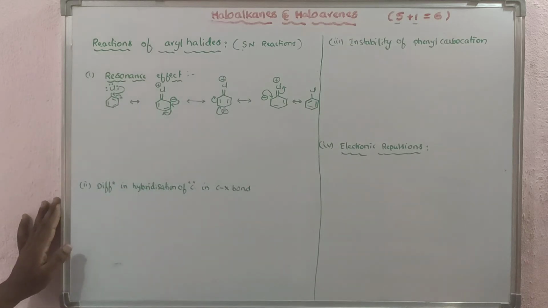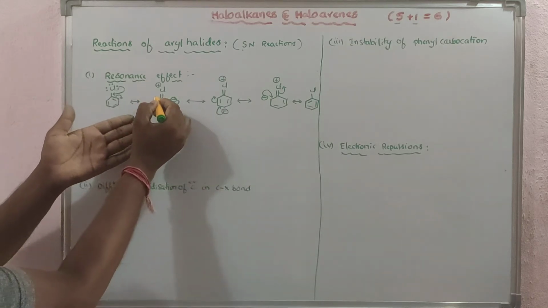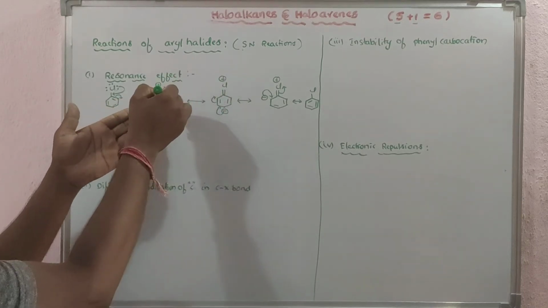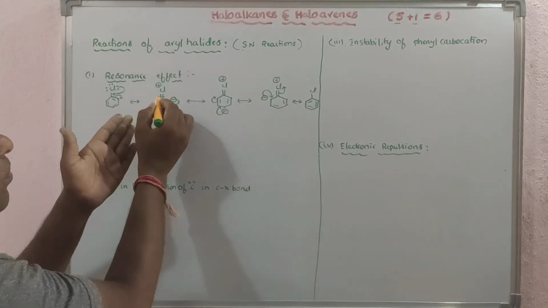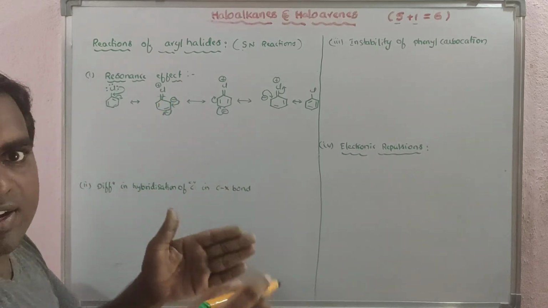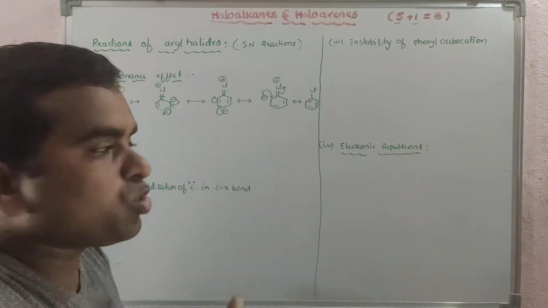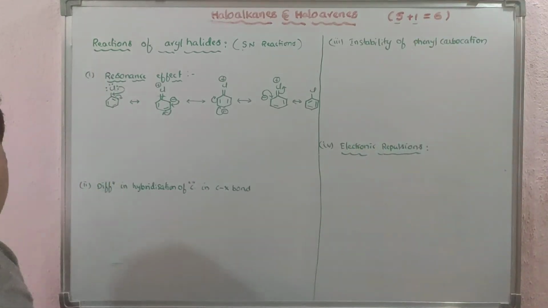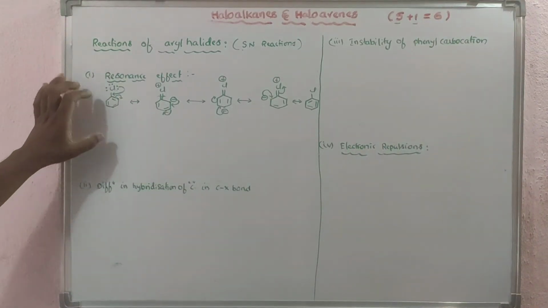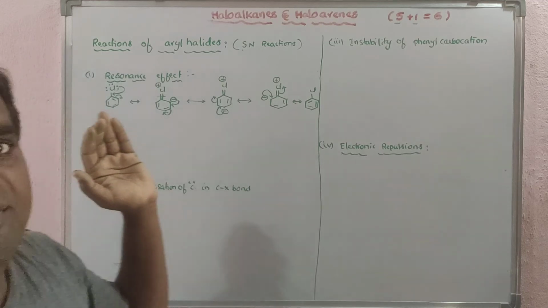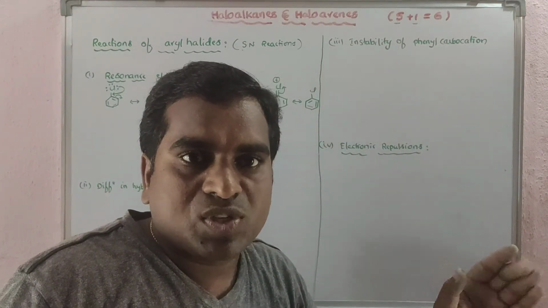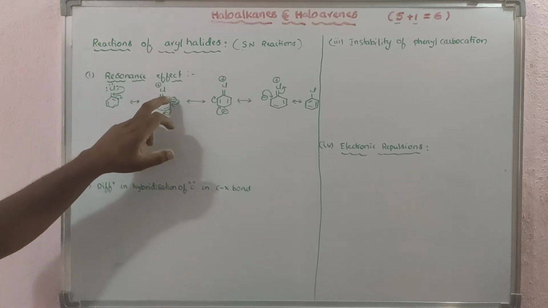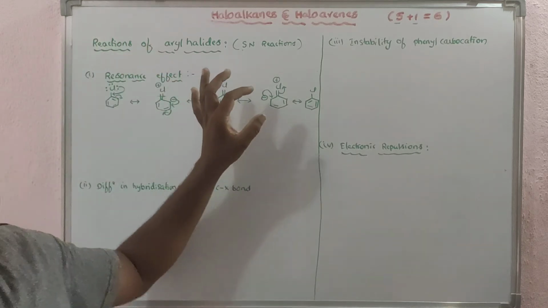Resonance. So if it is a double bond here, then substitution of the chlorine, to break this bond, requires so much energy, so this chlorine will not be easily substituted by another nucleophile. That's why aryl halides show less reactivity towards nucleophilic substitution reactions, because of the partial double bond character of the C-Cl bond.